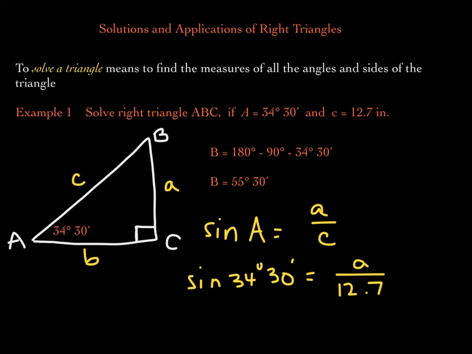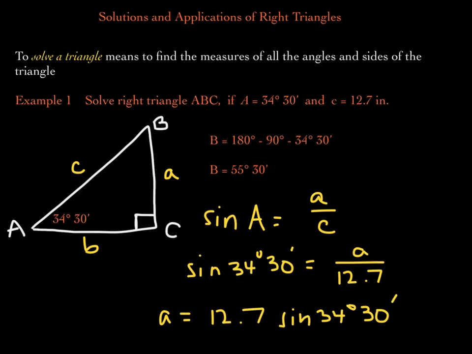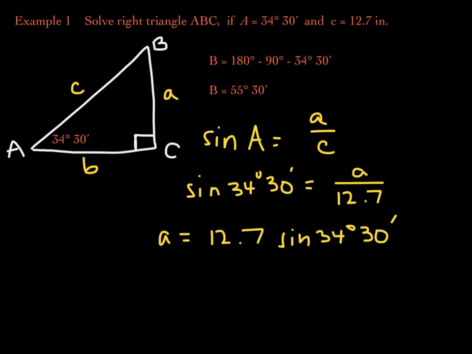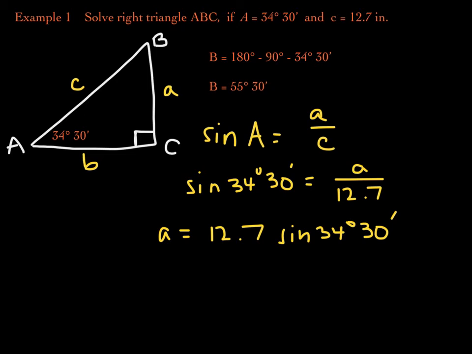To solve for A, I'll just multiply both sides by 12.7. So I'll get 12.7 inches times sine of 34 degrees and 30 minutes. And we find that A is approximately equal to 7.19 inches.